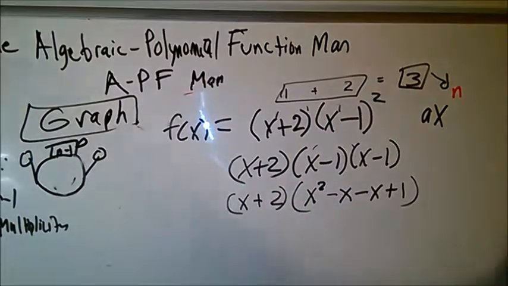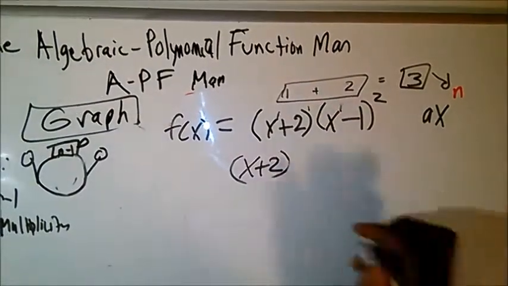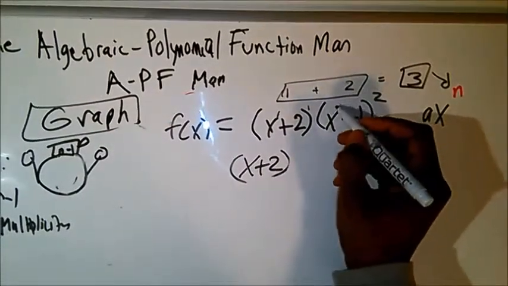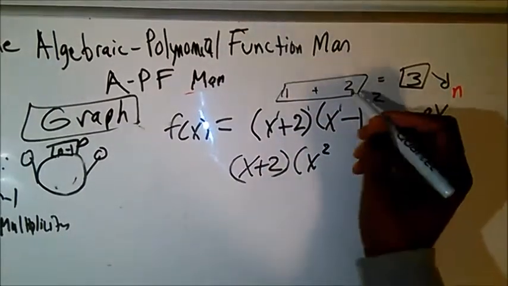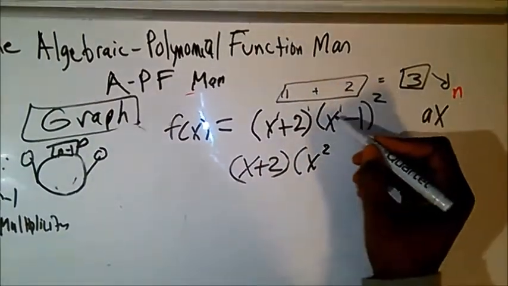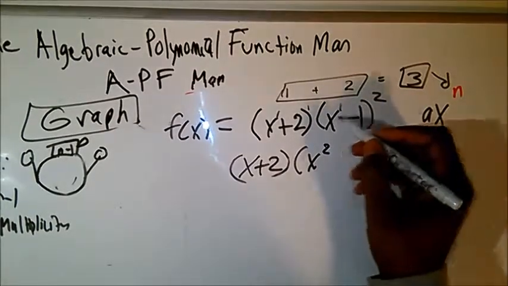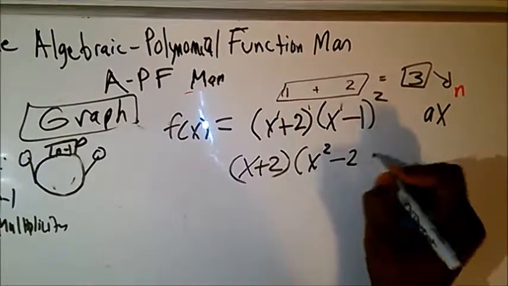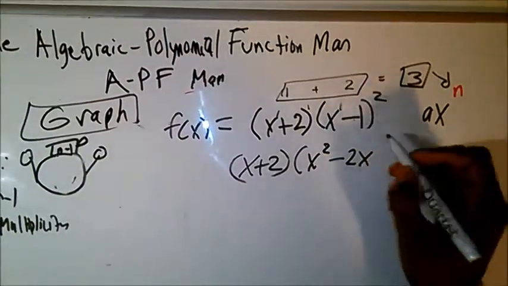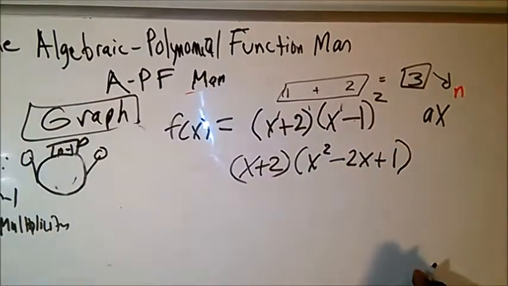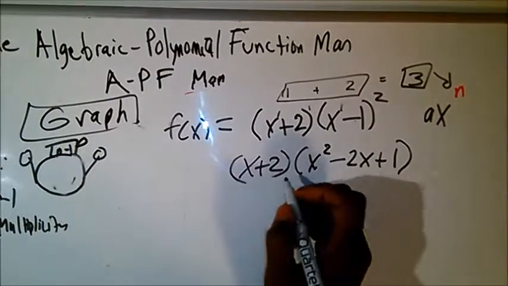I personally don't like to do it that way. I do it another way that's kind of quicker. I just take the x, square it, so I have x squared, and then I take an imaginary 2, multiply 2 times x, which is 2x, and then 2x times negative 1, which is negative 2x, and then negative 1 times negative 1. That's a quicker way to do it. And so we just got the same thing.